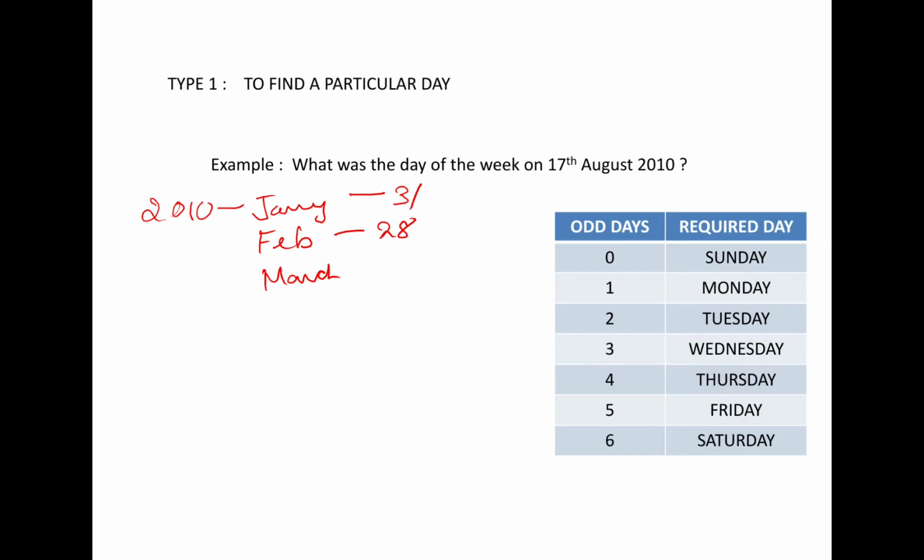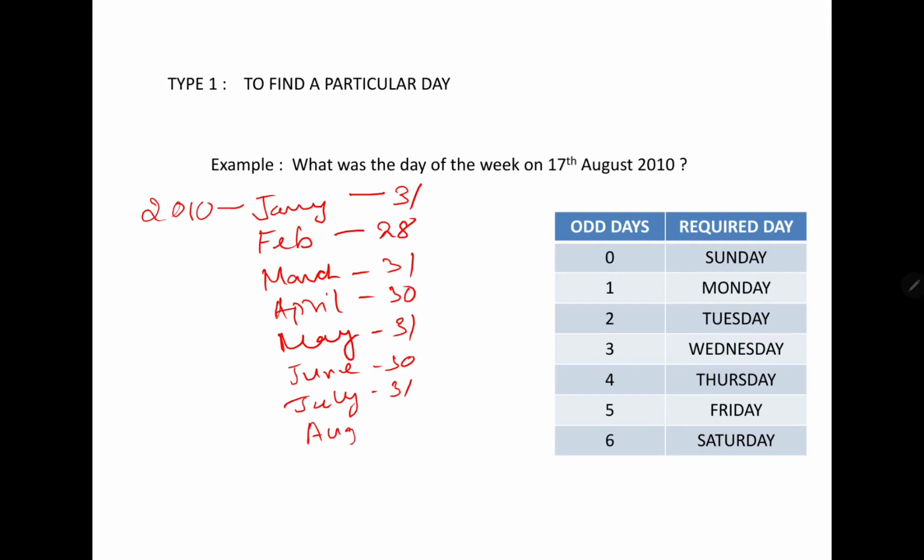That is 31. April 30. May, again 31. June is 30. Then July is 31. And August, it is given till 17 August, so 17 days. Now if we add up all this, we'll get 229 days.